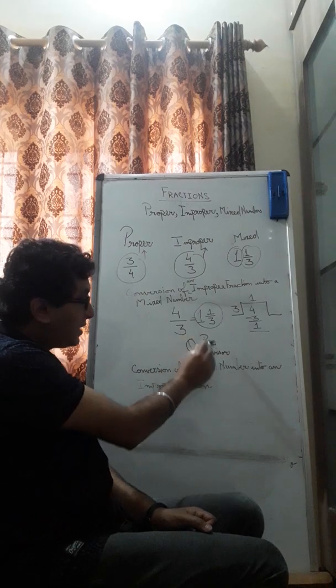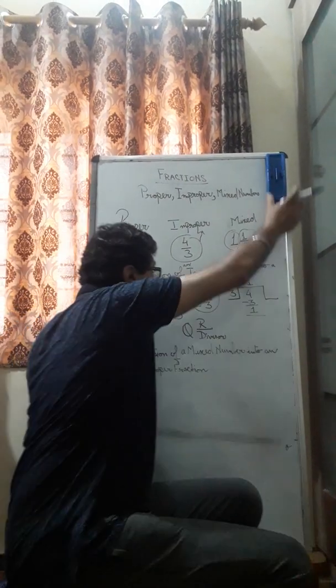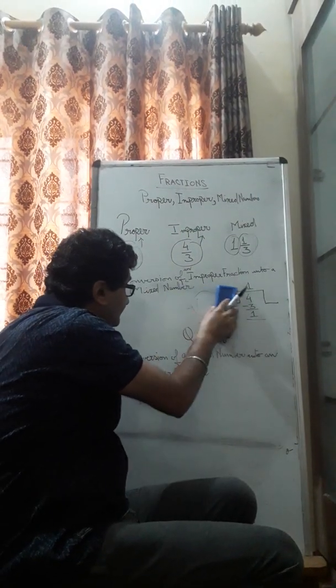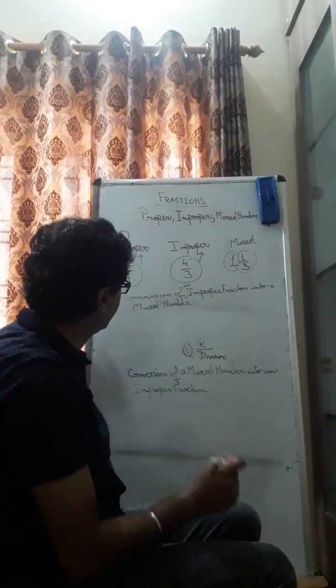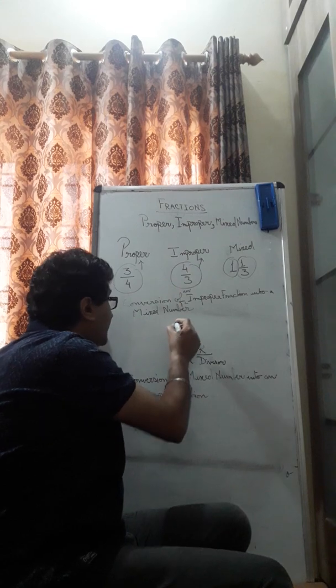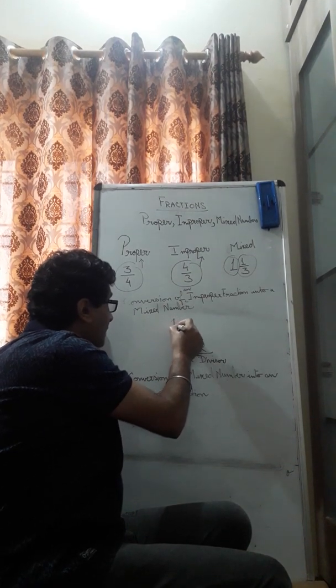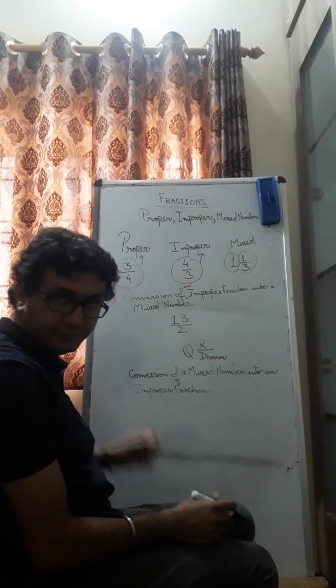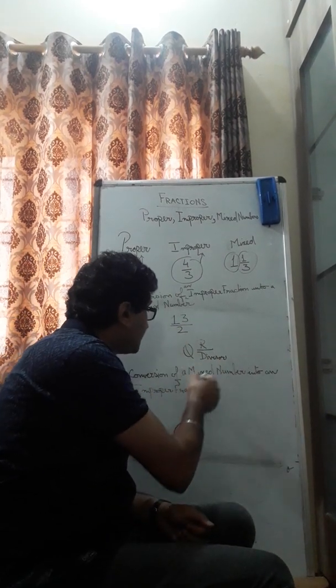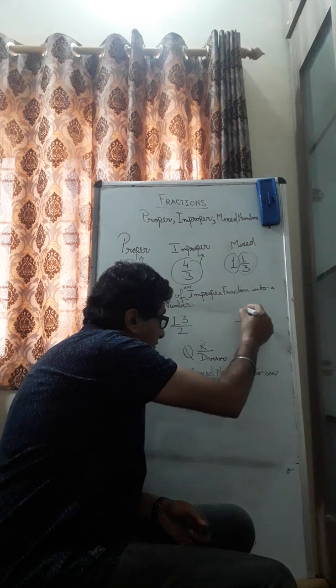Let's apply this formula to another conversion. Now I have a slightly bigger number, let's say 13 over 2. If you want to use the long division method, you can use it.